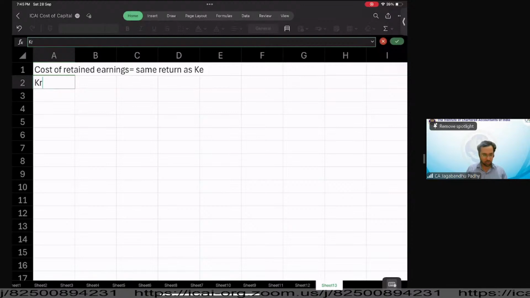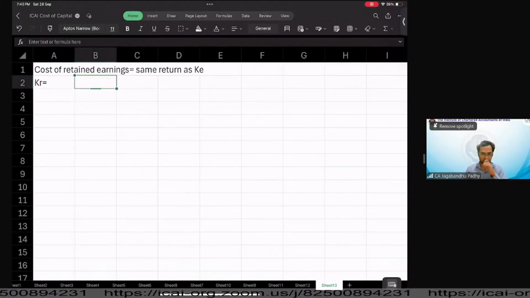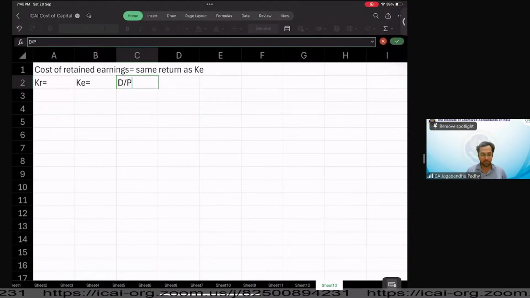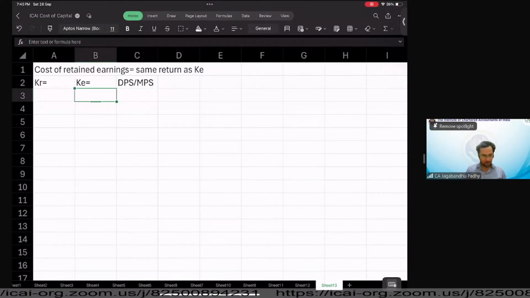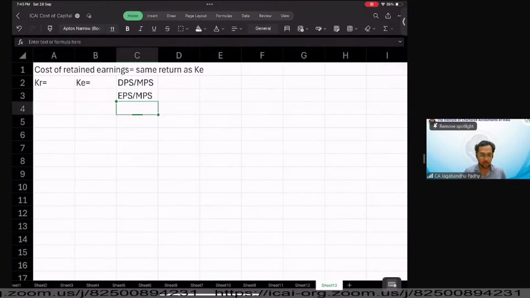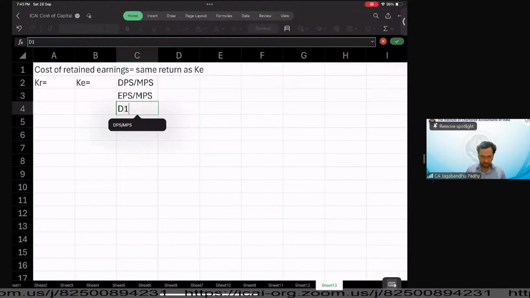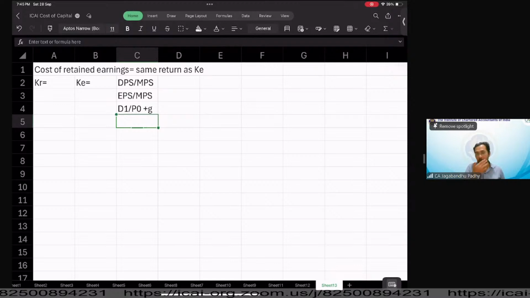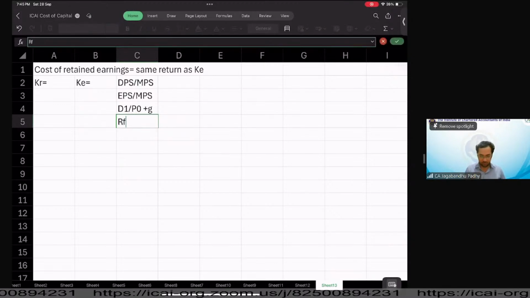KR is simply going to be the same as KE, which can be the dividend model, which is dividend per share upon market price per share, or it can be the earnings model, which is earnings per share upon market price per share, or the growth model, which is D1 upon P0 plus G, or the same as CAPM, which is RF plus beta multiplied by RM minus RF.